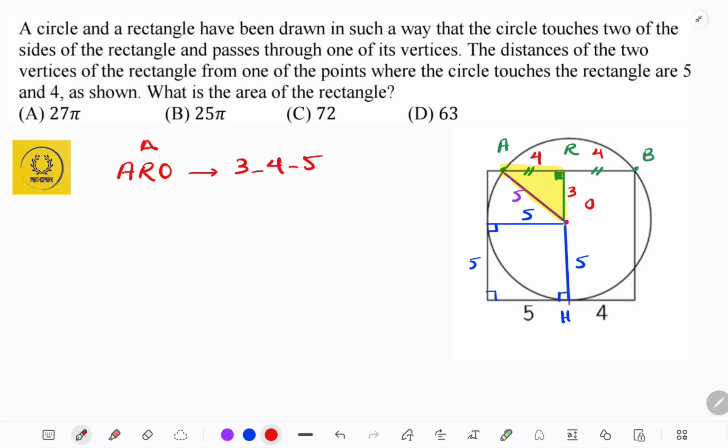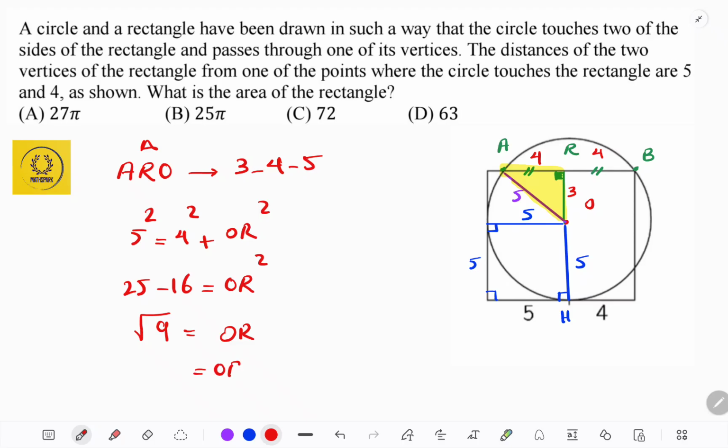But if you don't know, you can use the Pythagorean theorem, which means that 5 squared equals 4 squared plus OR squared. So 25 minus 16 is OR squared. So OR is the square root of 9, which is 3.